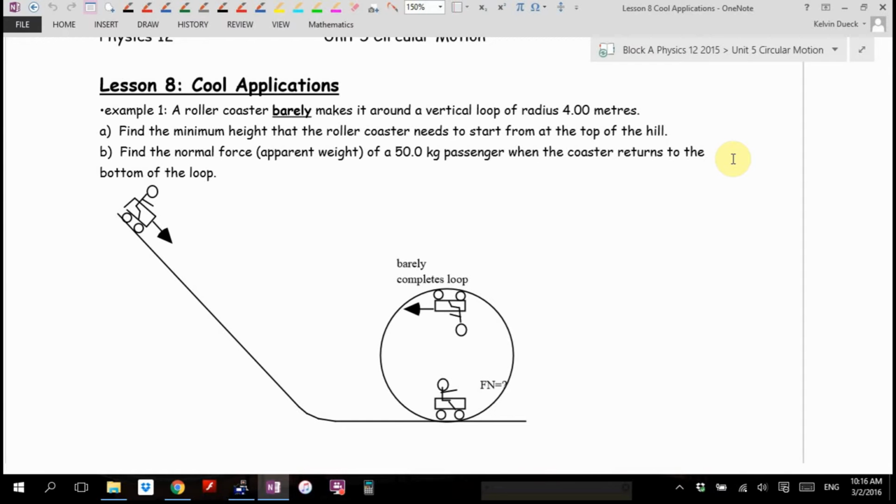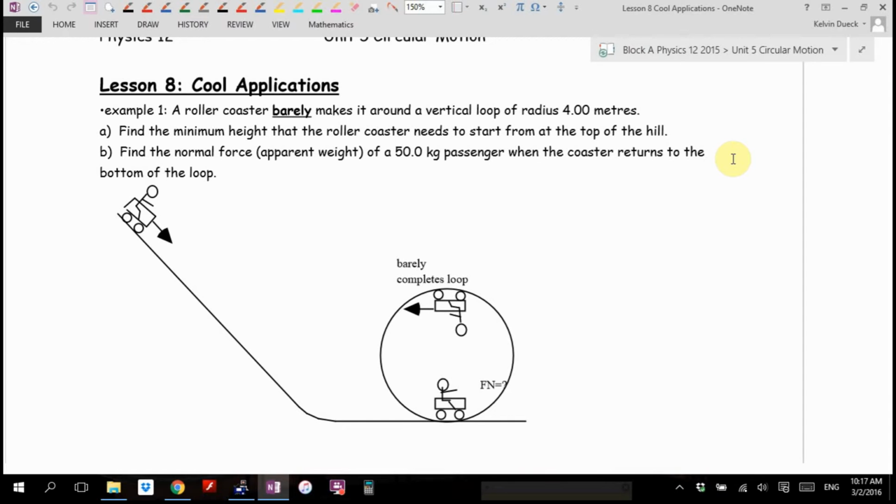And then part B says, find the normal force, or the apparent weight, of a passenger when the coaster returns to the bottom of the loop. That kind of sounds like something from earlier, except I very carefully avoided loops because it turns out the physics of a loop is going to be quite surprising but kind of cool.